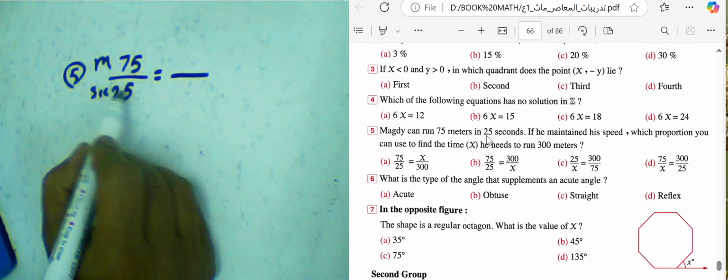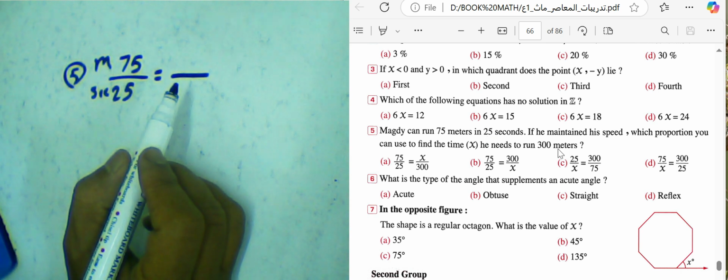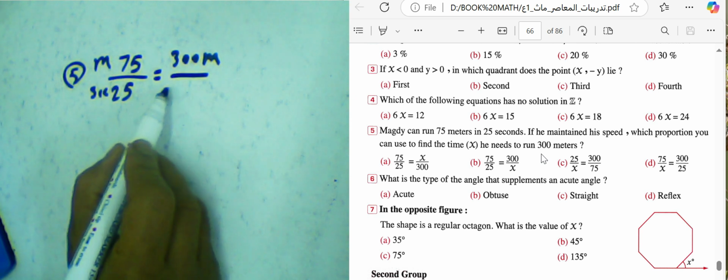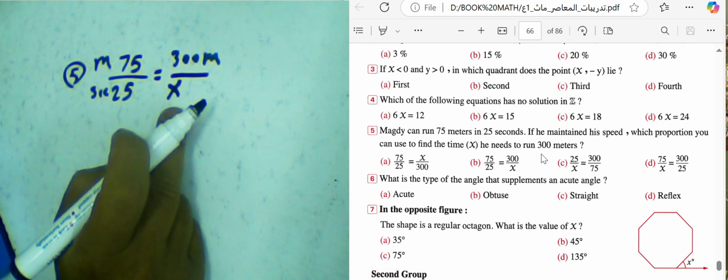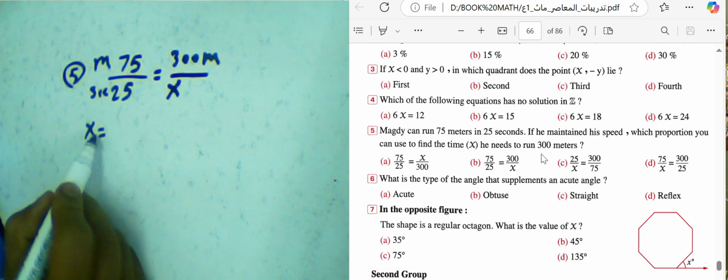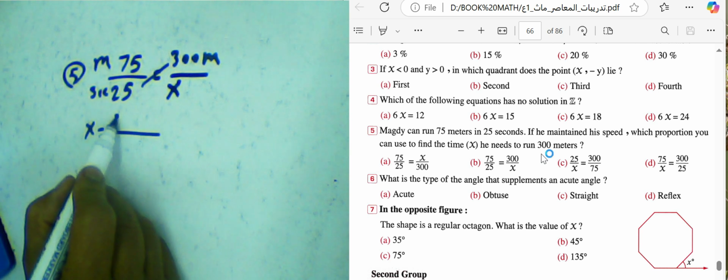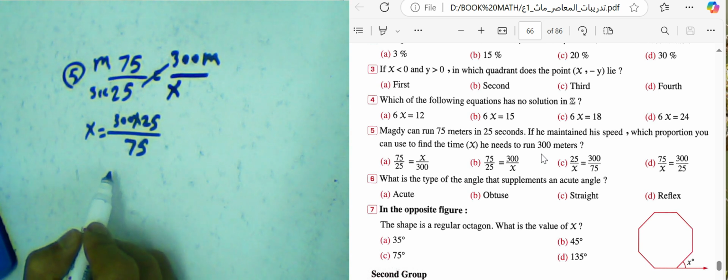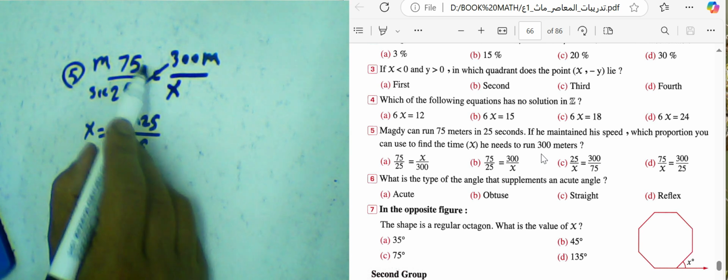So 75 over 25 is equivalent to the ratio between 300 meters and x seconds. We want to find the value of x. The product of extremes equals the product of means.